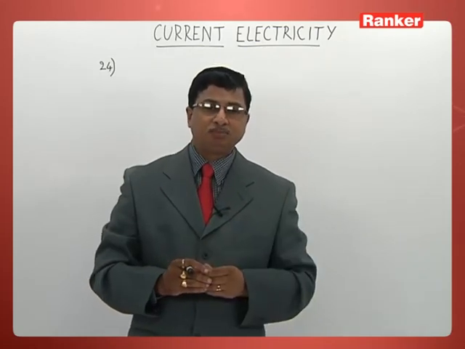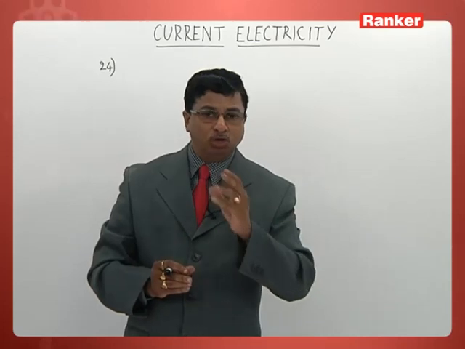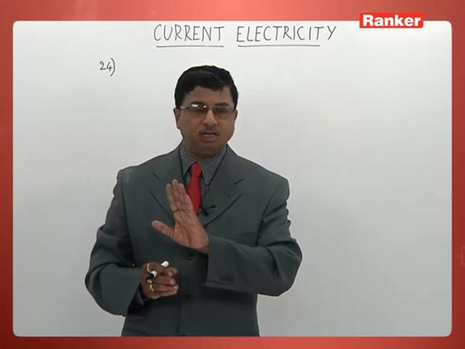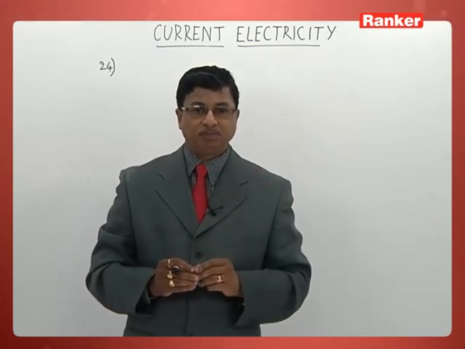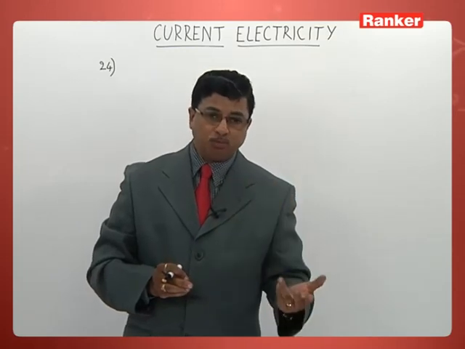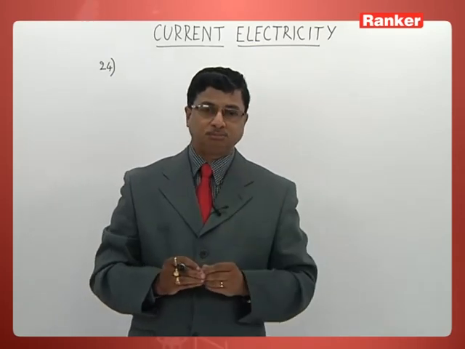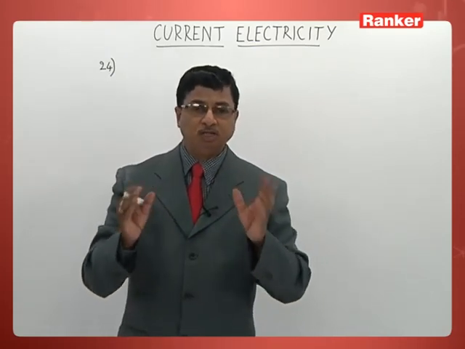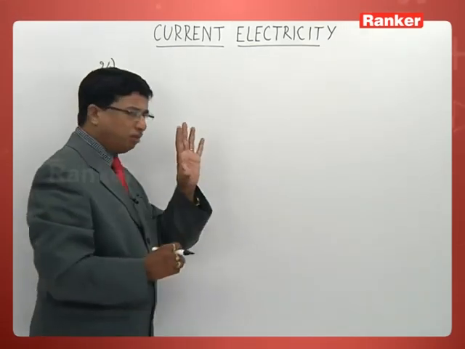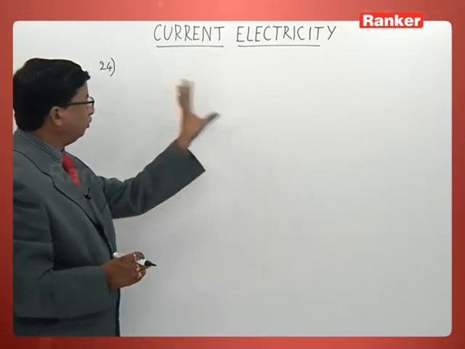Look once again: a cell of EMF 2 volt, negligible resistance, internal resistance is not needed to be taken up there, is connected in series with a resistance of 5 ohm and a potentiometer wire of resistance 10 ohm. I consider it like a small circuit.